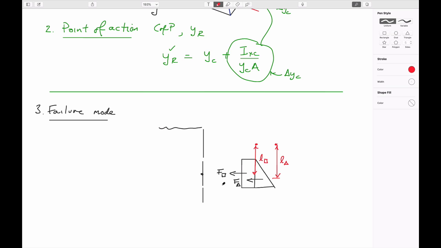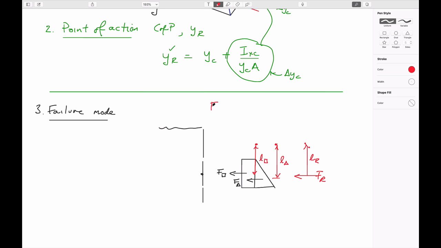And if you wanted to know the magnitude of the resultant force and where that acts relative to that same point, then you can merely write the expression as taking moments.